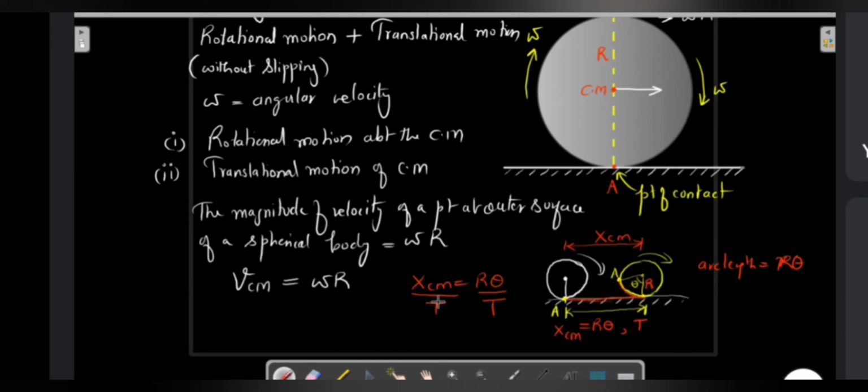So x cm divided by t is going to give me the linear velocity of this center of mass, which will be equal to r into theta upon that time. The angle covered in a certain time gives us the angular velocity of that body, which is omega, which we have taken as omega of this body. So this is how we get the linear velocity of that center of mass: r into omega.